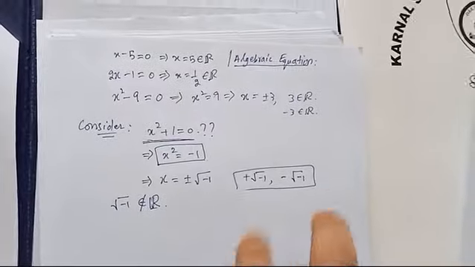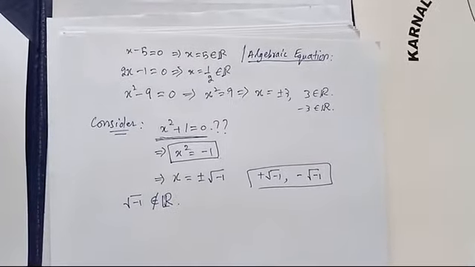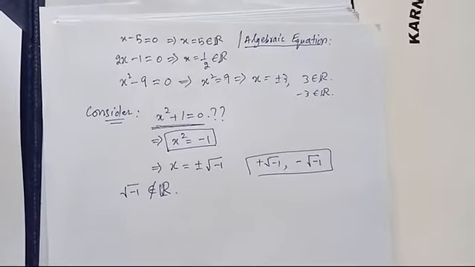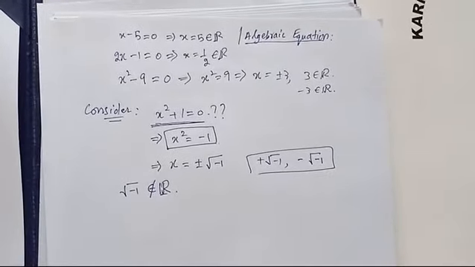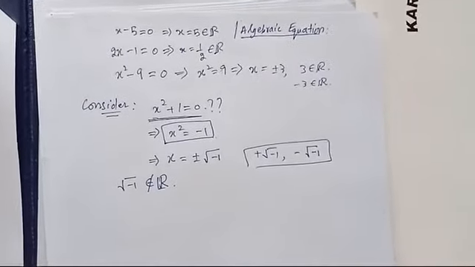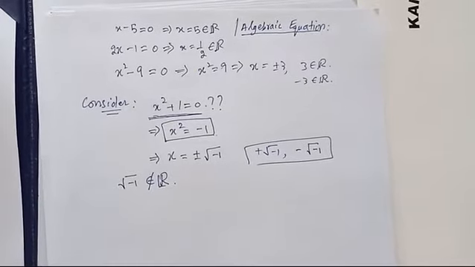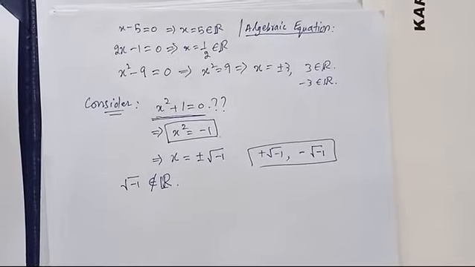But now if you look at these two values, square root of minus 1 is not a real number, and we know the largest set is the set of real numbers. Now it is obvious that square root of minus 1 is a number, but it doesn't belong to the set of real numbers.